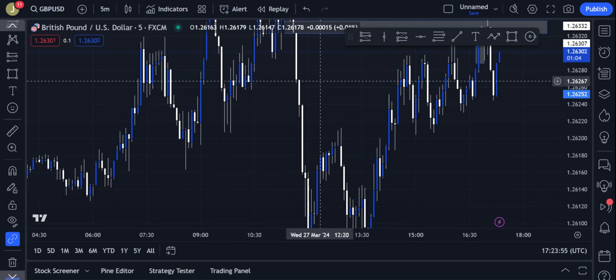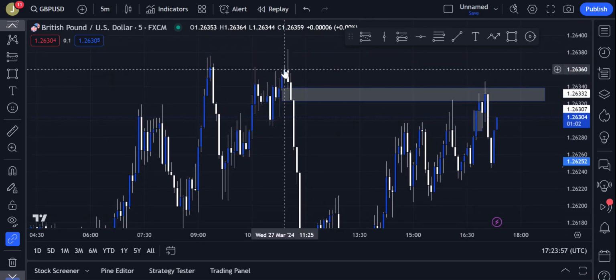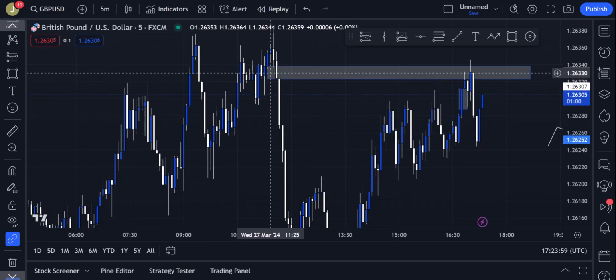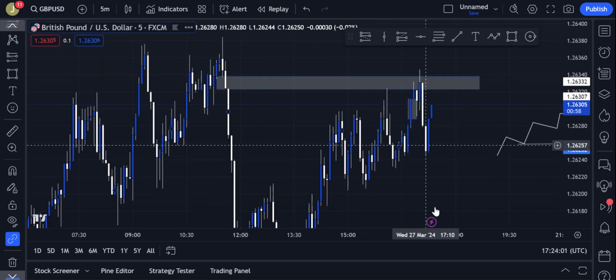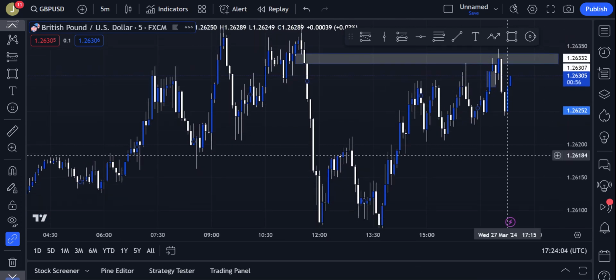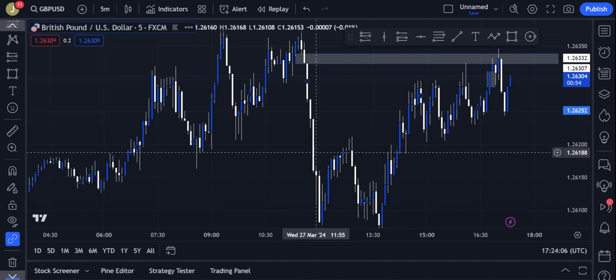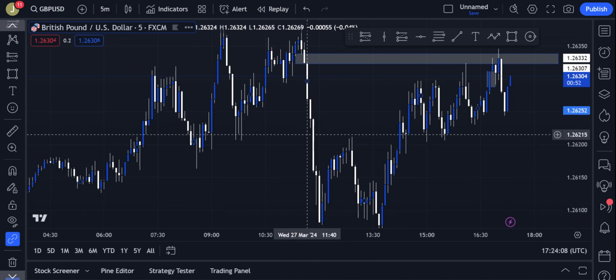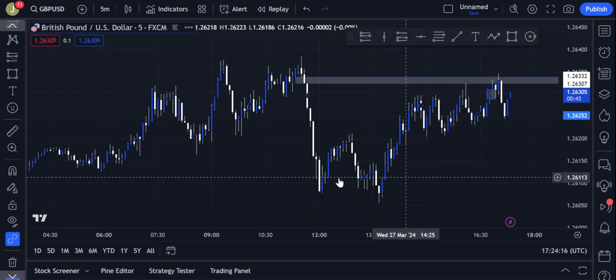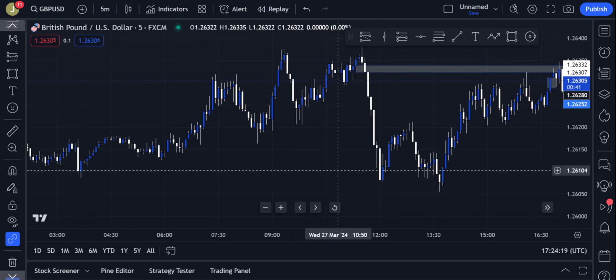Just don't look for all of these. Just go for the extreme ones. Price came and tapped there and is just going back. Look for the extreme. Just don't go for fair value gaps in the zones which are not good for trading, like in the premium zones here.